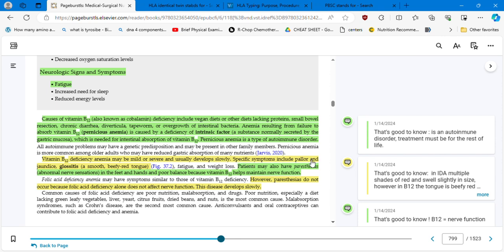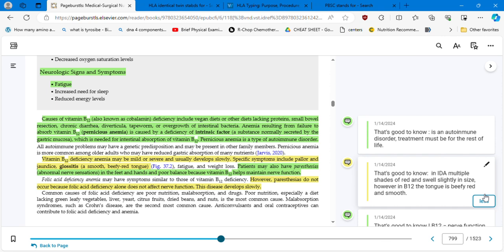Vitamin B12 deficiency anemia may be mild or severe and usually develops slowly. Specific symptoms include pallor and jaundice, glossitis, a smooth, beefy red tongue. And that's another good to know, because in iron deficiency anemia, the tongue shows multiple shades of red and swells slightly in size.